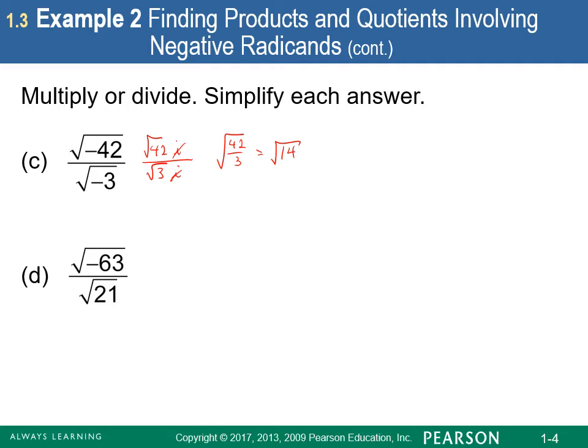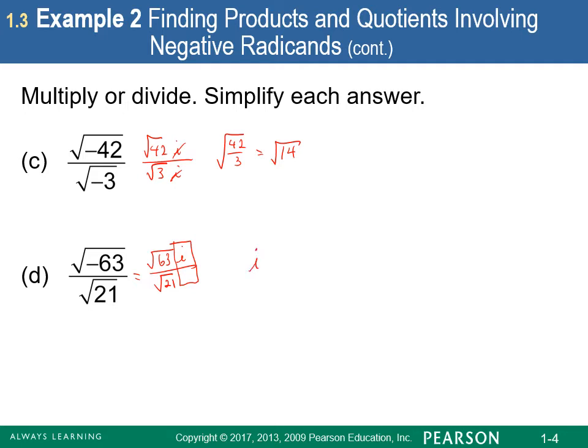Now similarly on this one, we've got the square root of 63 i, and we've got the square root of 21, no i. So the imaginary part of this, the i, would be just an i over 1 is just an i.